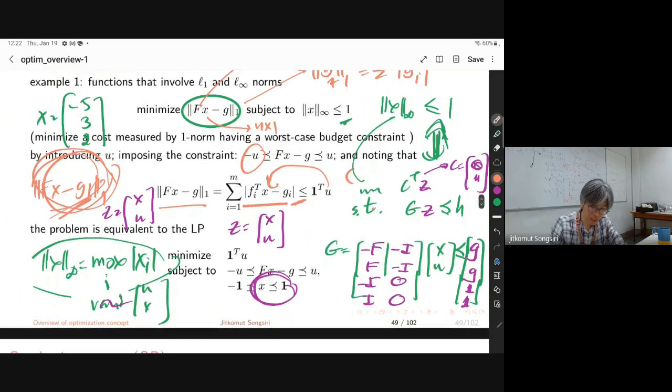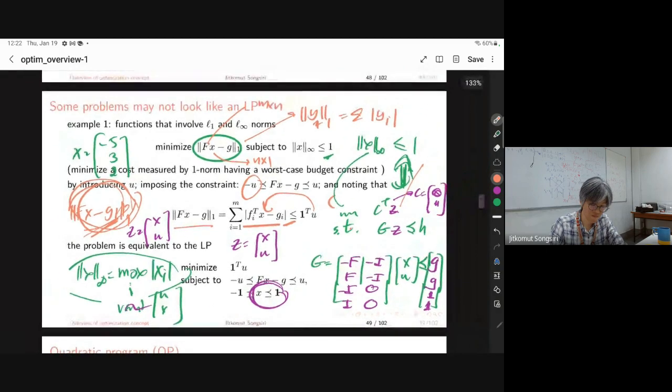What is the size of my z? My z is x concatenated with u, right? My x is in Rn. What about my u?